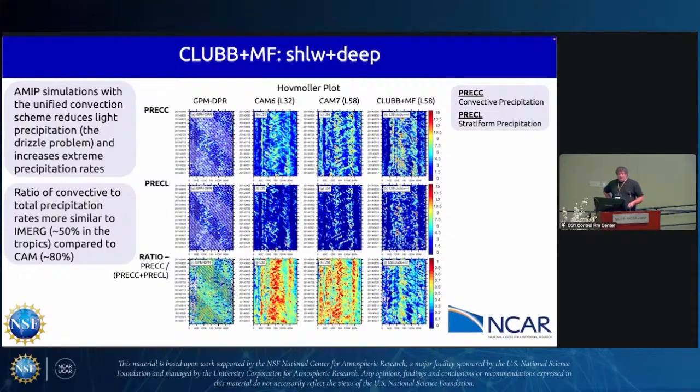And so we utilize those to provide the ratio of the convective precipitation over total precipitation. The values are usually around 50% on average in the observations. In CAM6 and CAM7, it's about 80 or 90% convective precipitation rate occurring in the tropics. And CLUBB-MF, which we were really happy about, was able to bring that down to closer to 50%, more in line with the observations.